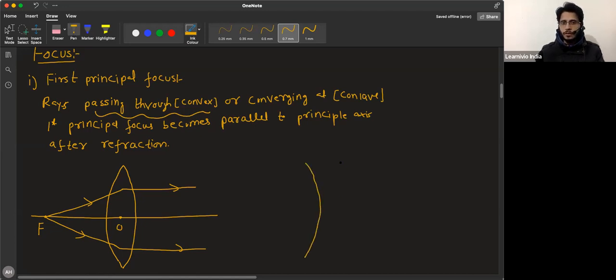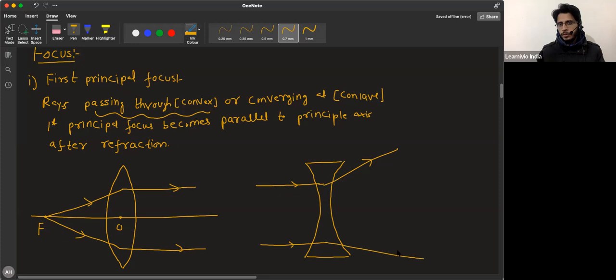So if you have a concave lens, and rays are coming parallel to the principal axis, after refraction, rays will diverge.